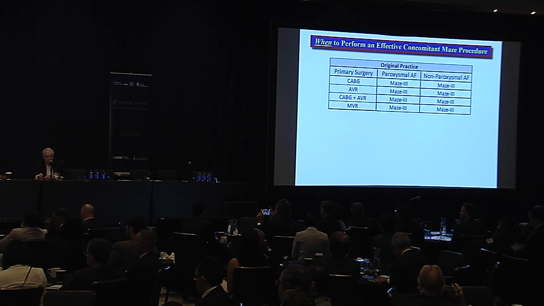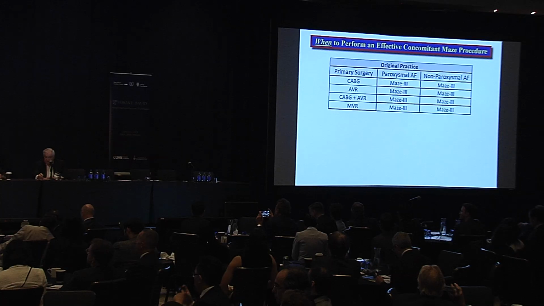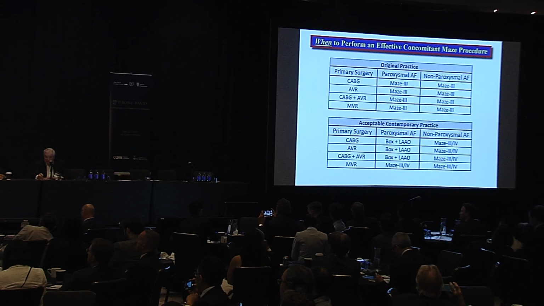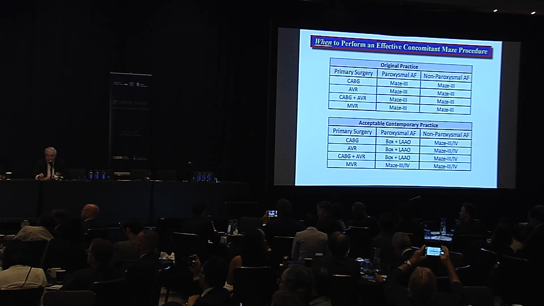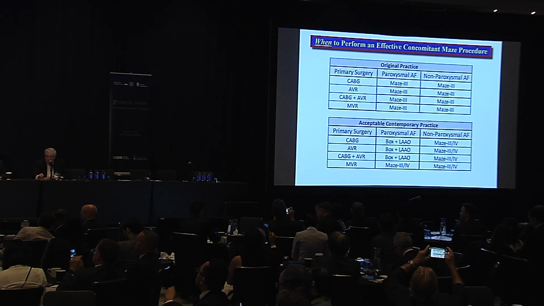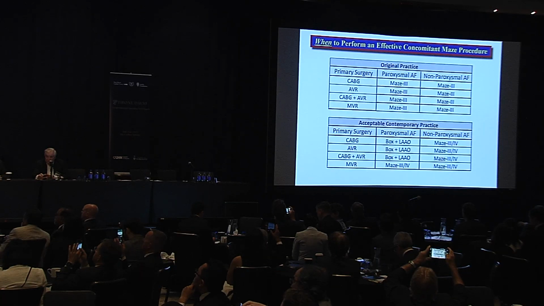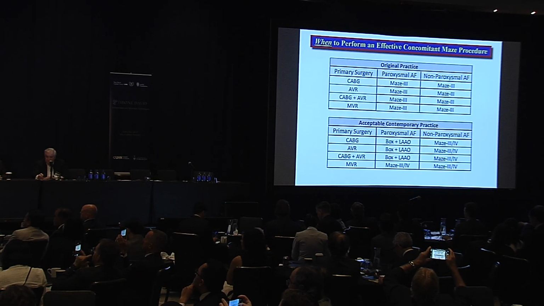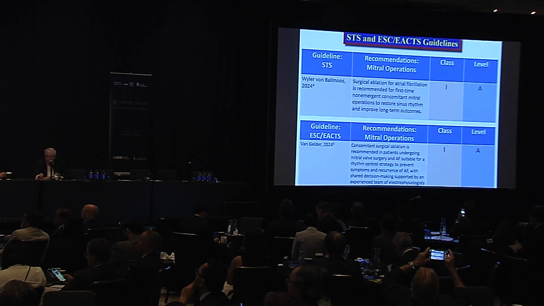So the question is, are there some other options? I think it's reasonable to think that today it's quite acceptable to do a box lesion plus left atrial appendage occlusion for patients in whom you would not otherwise open the left atrium.